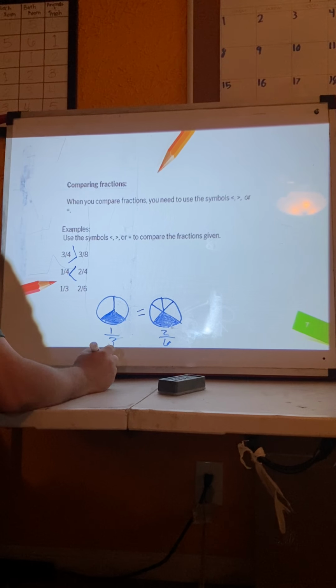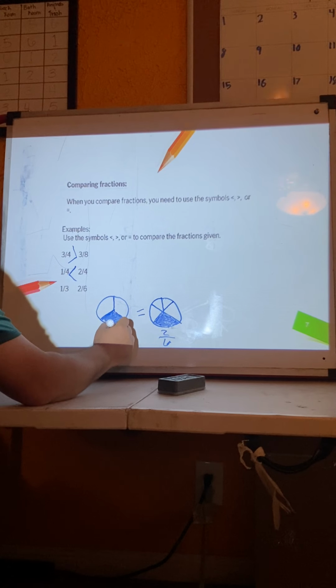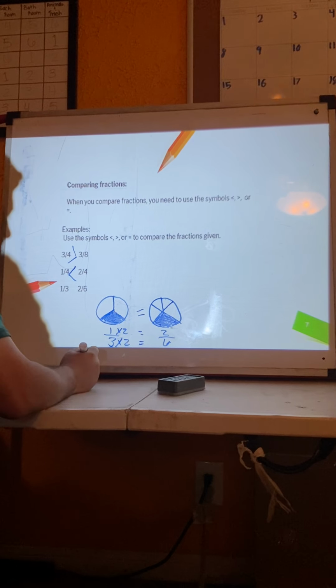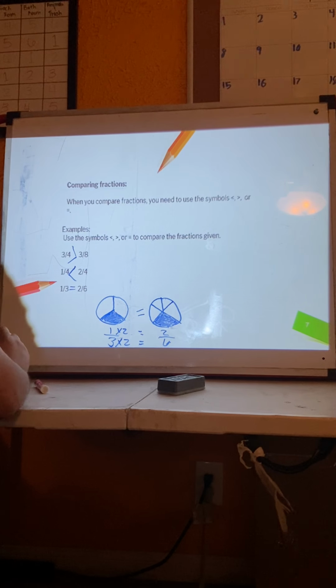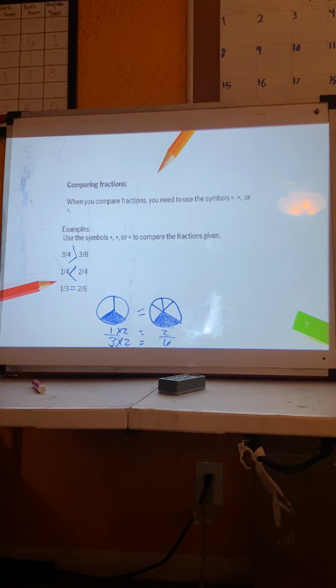What could be my relationship between these two fractions? Well, 1 times 2 equals 2. 3 times 2 equals 6. So, yes, these are equivalent. These are equal to each other. See how we compare fractions? Very easy, right?